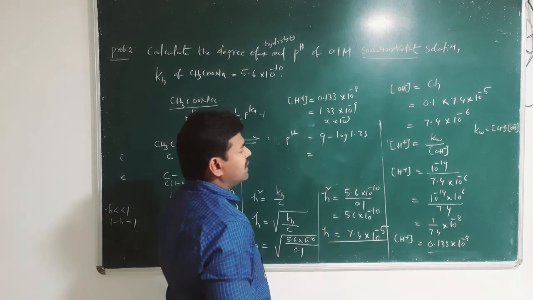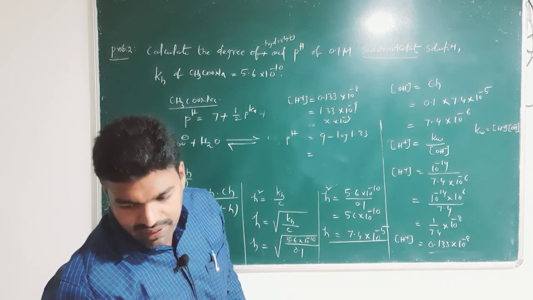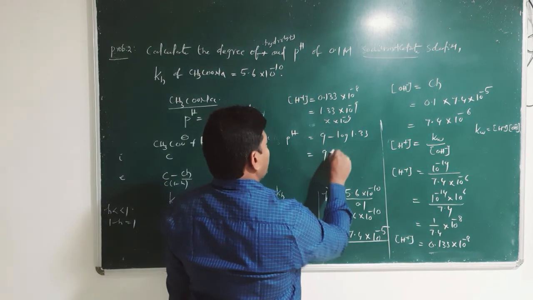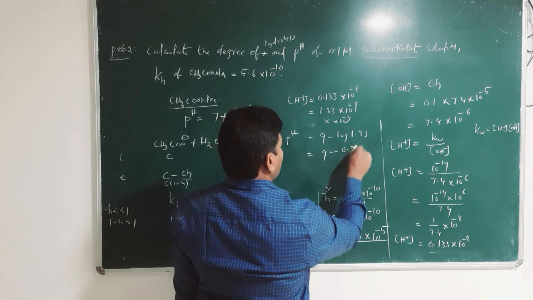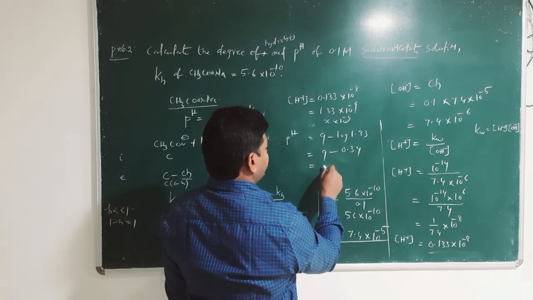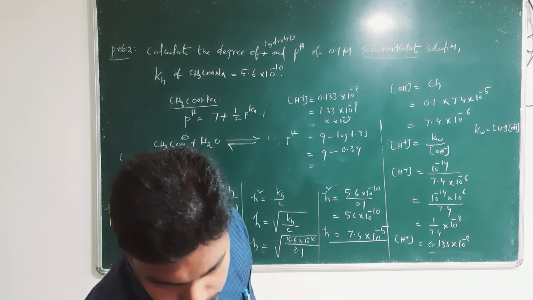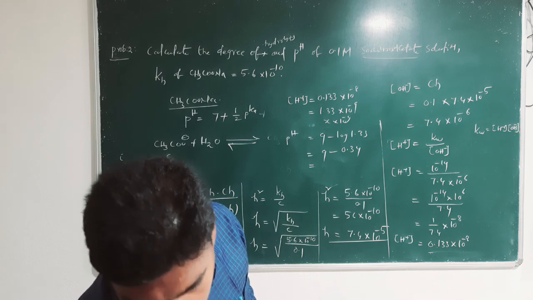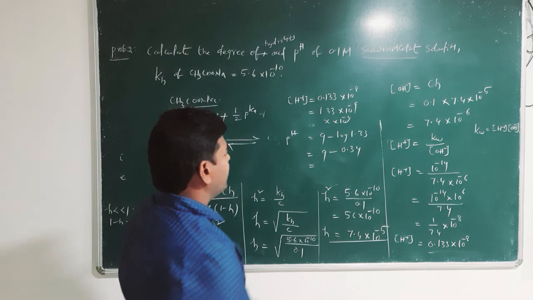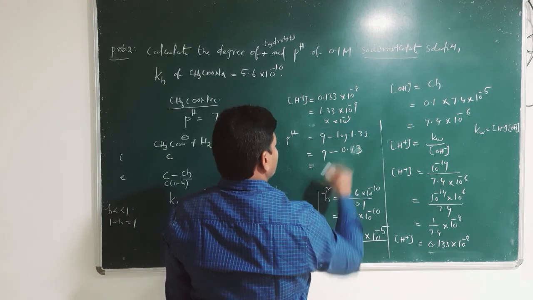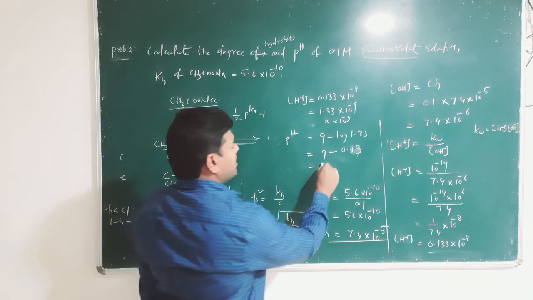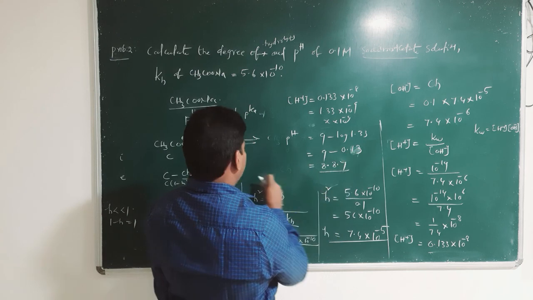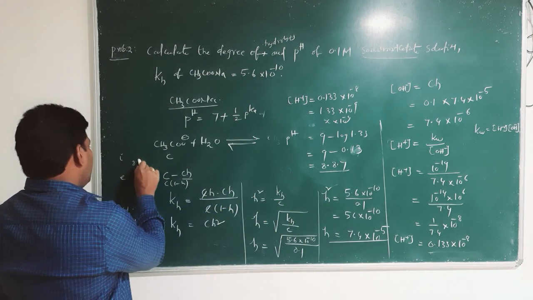Log 1.33 is about 0.13, so 9 minus 0.13 means 8.87.